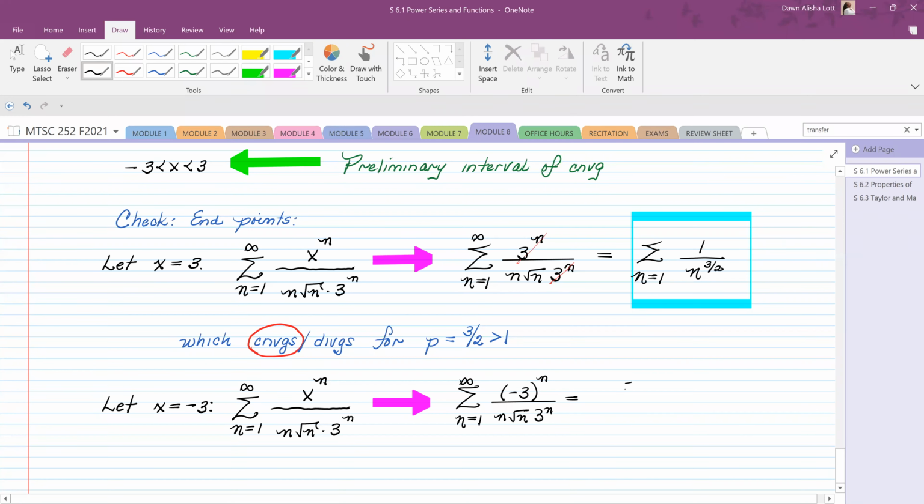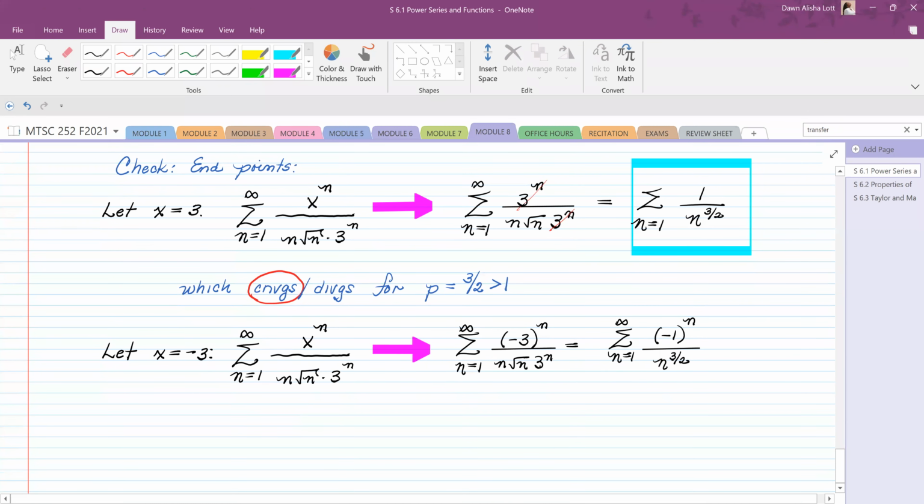And that becomes the sum, n equals 1 to infinity, of (-1) to the n over n to the 3/2.